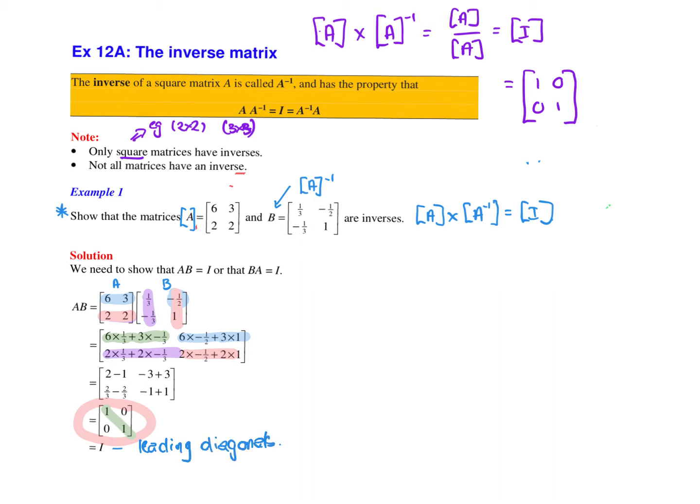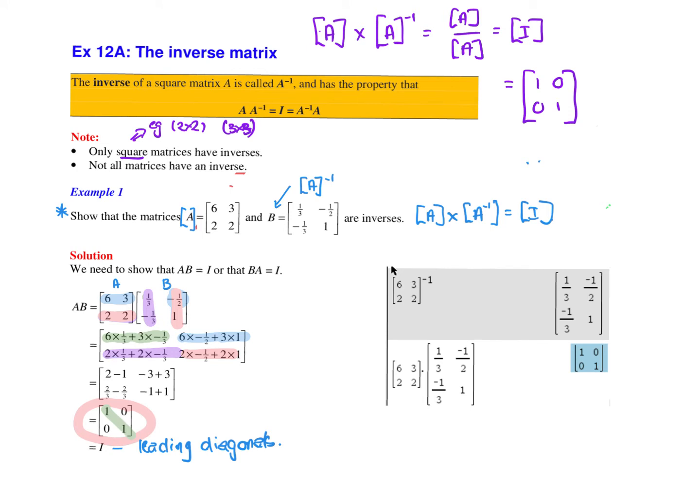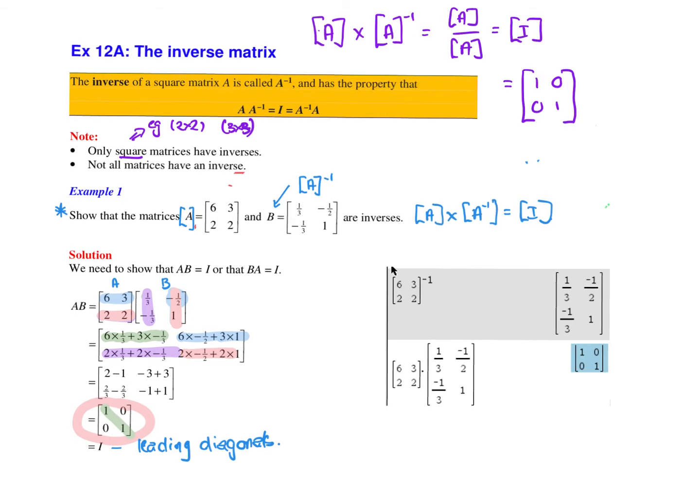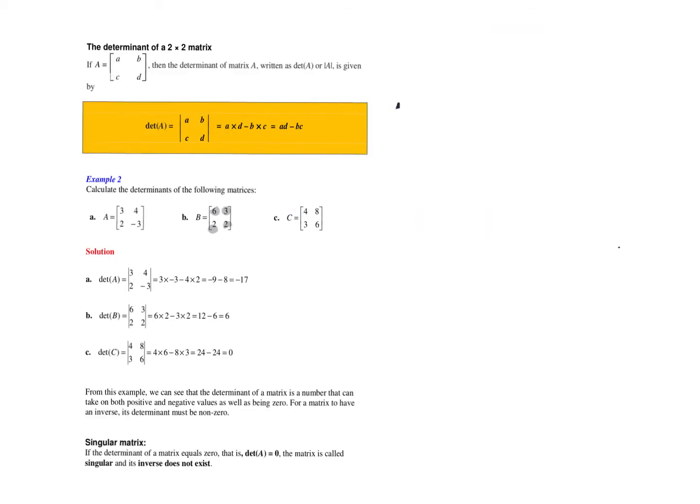So therefore we know that B is actually the inverse of A. We could do this on our calculator: this was matrix A here, and I raised it to the power of -1, and this is what the inverse looks like. And if I times A by its inverse, you can see I get the identity matrix. So we're going to move on now.